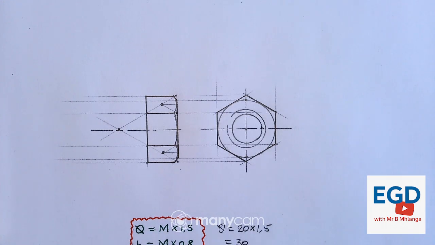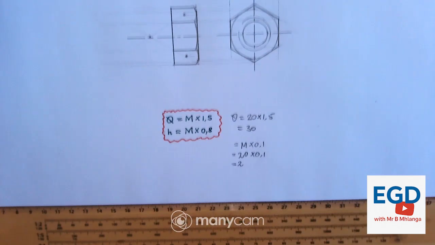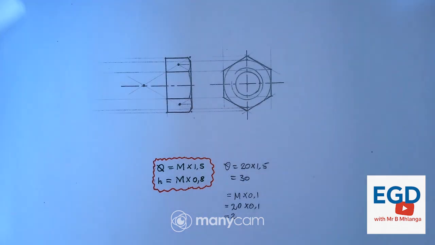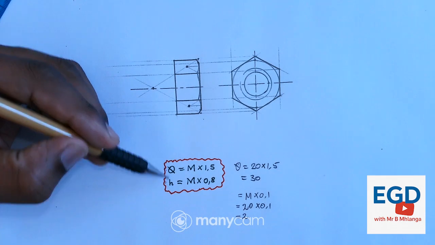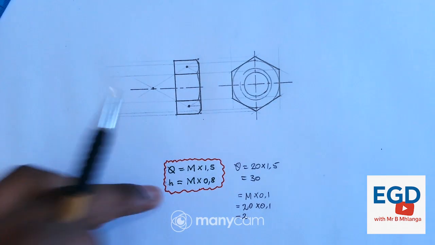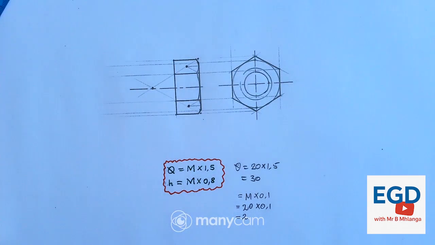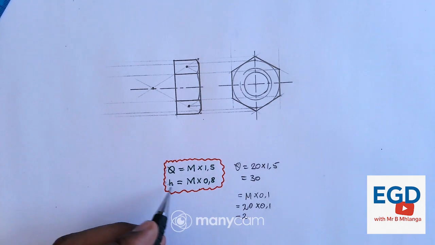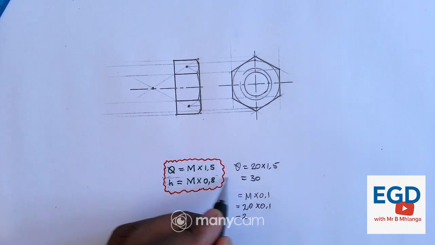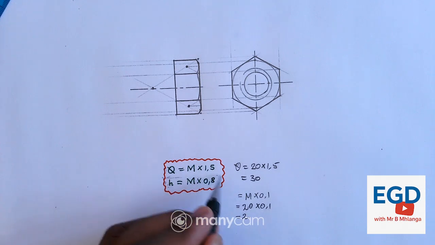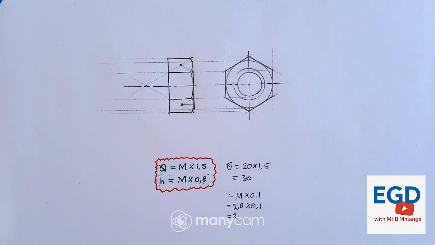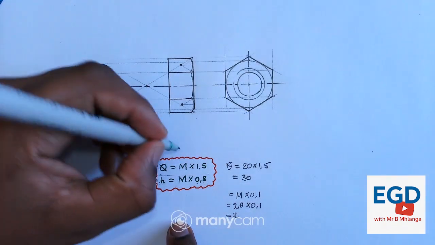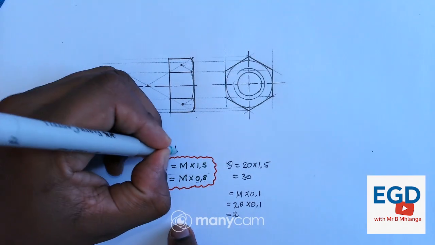So it's very important for you to know how to construct a nut or a bolt. So I hope this video will help you, and please make sure you know these two formulas, because these two will help you when you construct your nut or your bolt. But this is only for the nut. For the bolt it's 0.7, not 0.8. Okay, so this part is for any nut.